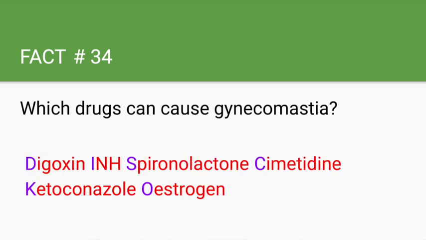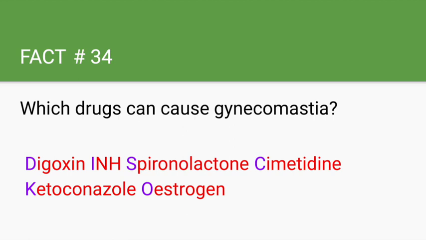We can remember these drugs using the mnemonic DISCO: digoxin, isoniazid, spironolactone, cimetidine, ketoconazole, and estrogen. The most commonly tested drugs are ketoconazole, an antifungal, and spironolactone, an anti-androgen medication.